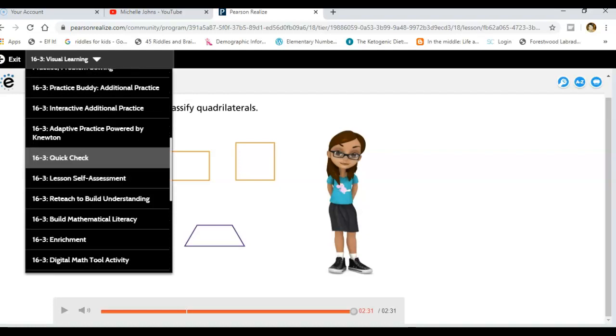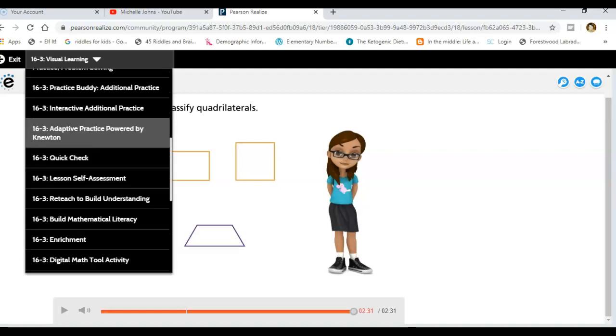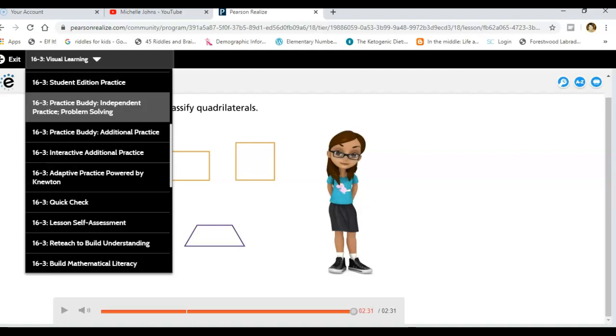I also opened up the Practice Buddy additional practice, and Practice Buddy independent practice problem solving. So those are 3 things that are opened up for 16.3 that if you have extra time, go for it. Go ahead and do some extra practice. If not, don't worry about it.